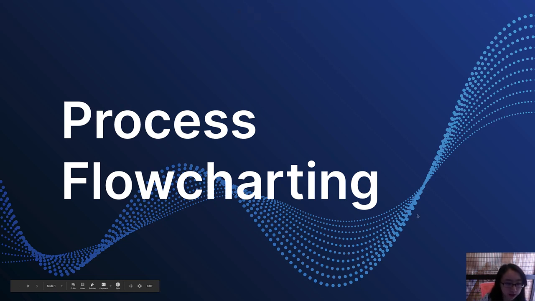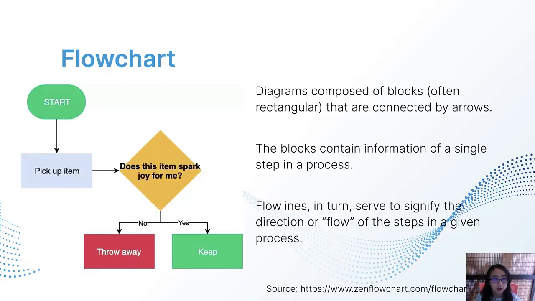In this lecture, let's talk about how to draw the process flowchart. The process flowchart is basically a diagram that's composed of blocks that are connected by arrows. And each block contains the information of a single step in a process.